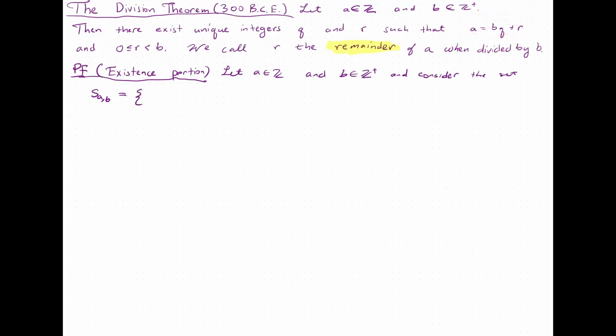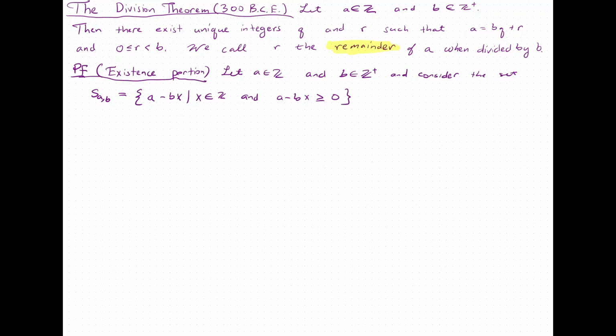We want to find a set in terms of the r, so this will be a minus b times q. But we don't know what q is, so we're just going to let q be arbitrary. It's going to be some arbitrary x. And so this is going to be the set of numbers of the form a minus b times x, such that x is an integer, and a minus b times x is greater than or equal to 0. And so just like that, we have our set.